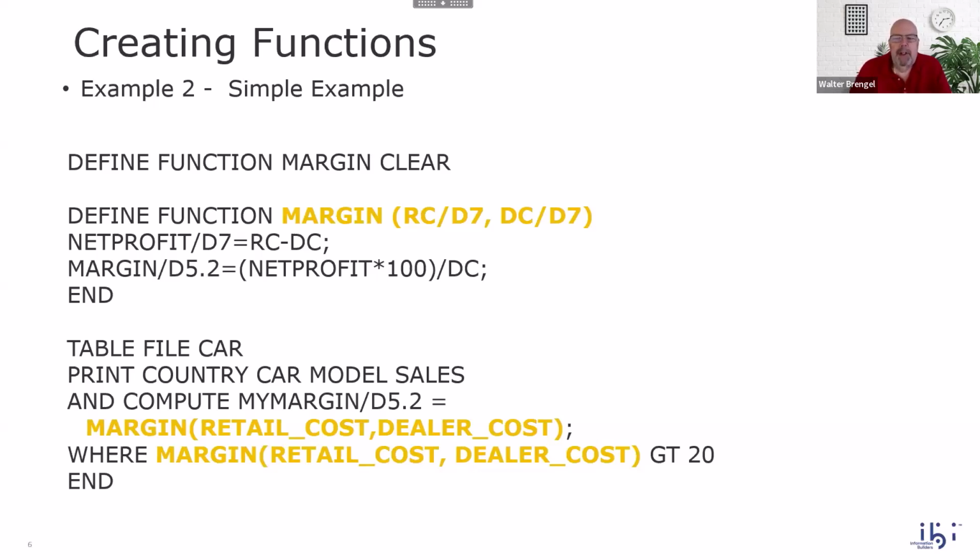Now, had I previously defined a function called profit, then I could have used that function in this function, as long as physically this function comes after the previous one I'm going to use in it. So I'm going to use table file cart, compute my margin, D5.2 equals margin, and pass the two values. And I'm looking for that margin value greater than 20%.